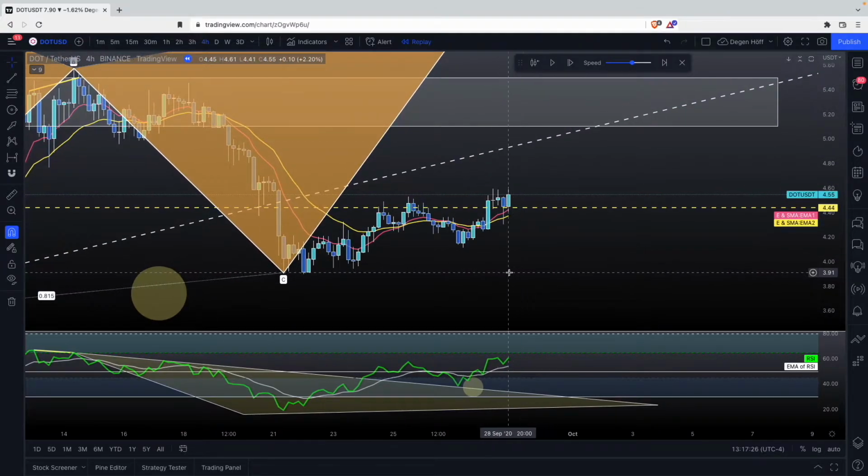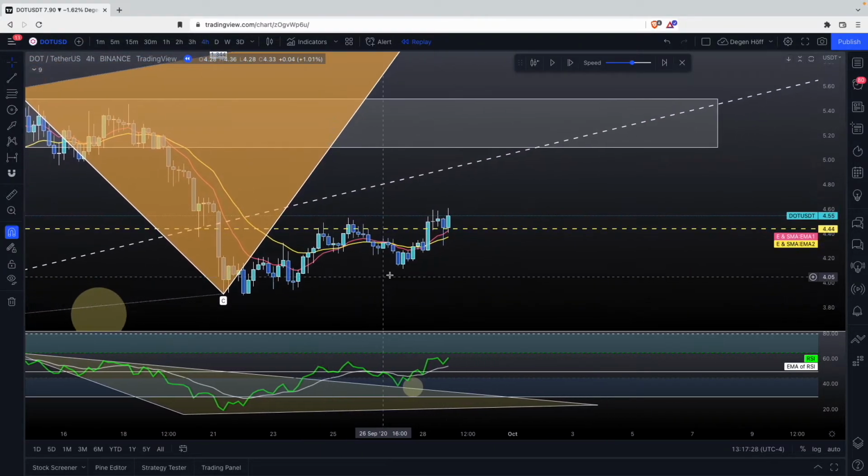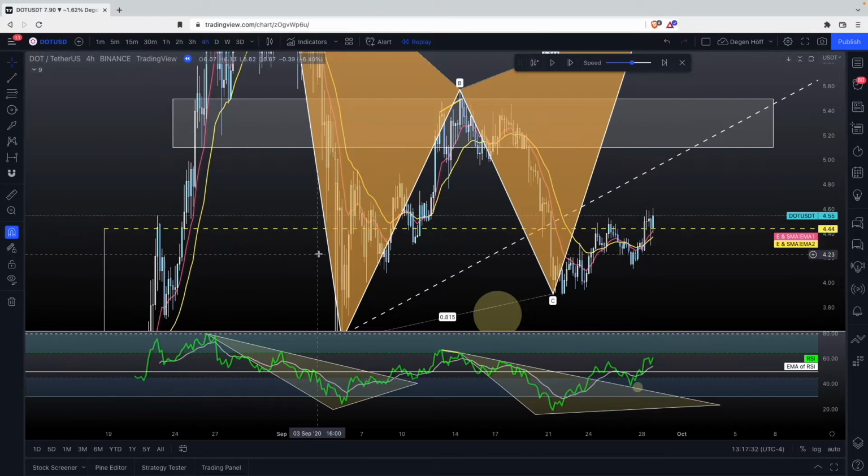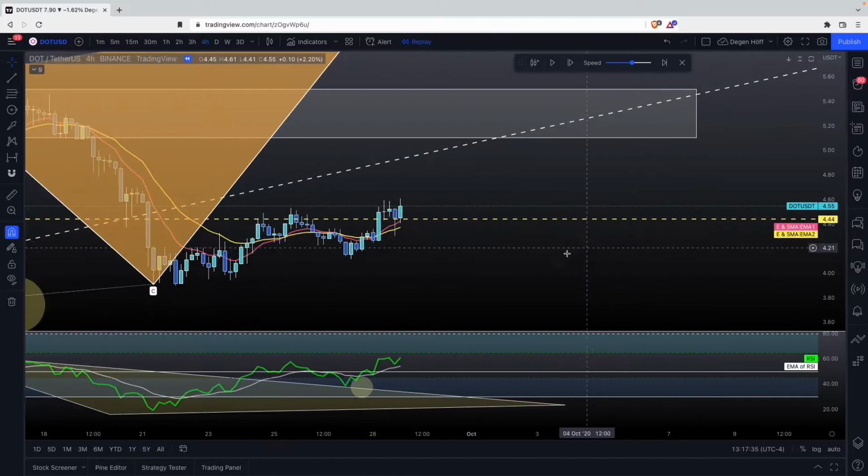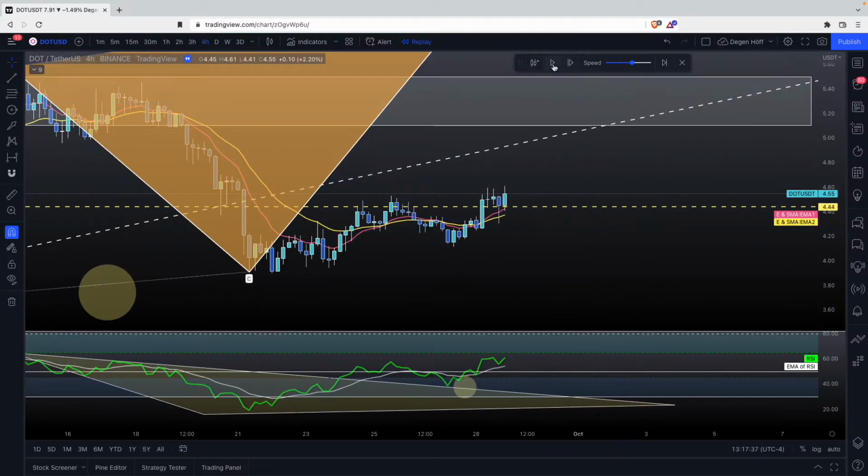On the price action, I want to see it get above and then backtest that previous resistance over here, because we broke down below it, so it's important to reclaim before you enter.